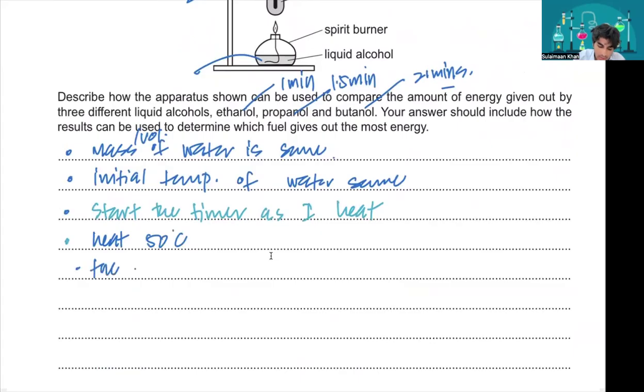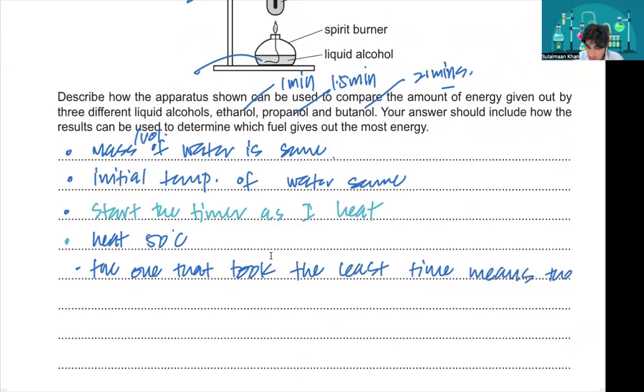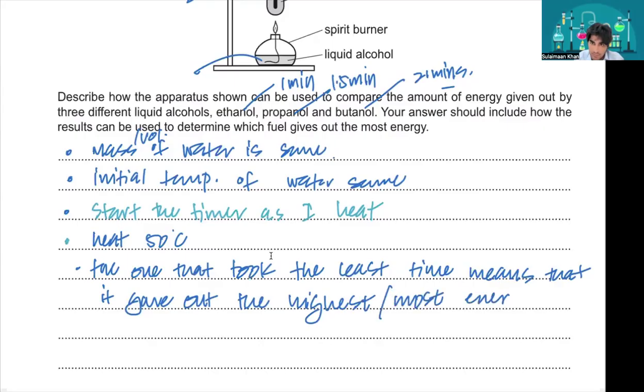The one that took the least time means that it gave out the highest, or most, energy. Done, finished. Shortest time or least time. Literally 6 marks are for this.